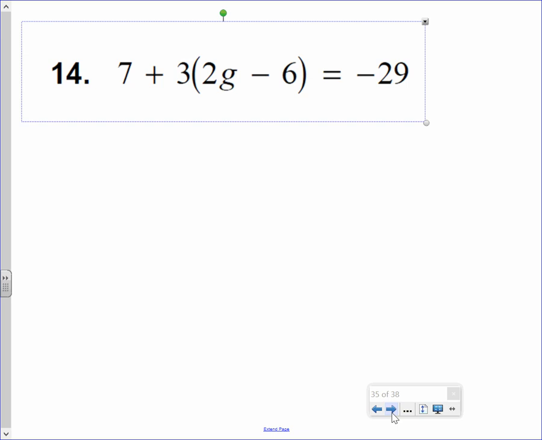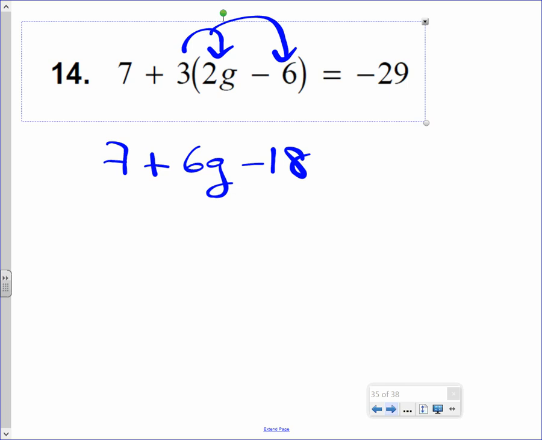Step 1, if there's parentheses, perform the distributive property. Mendes, is there any parentheses here? There's definitely parentheses. Do it with me. Here we go. 6g minus 18. I like doing plus negative 18. This way in my mind there's no doubt that's a negative 18. I always do it, ever since I was your age.